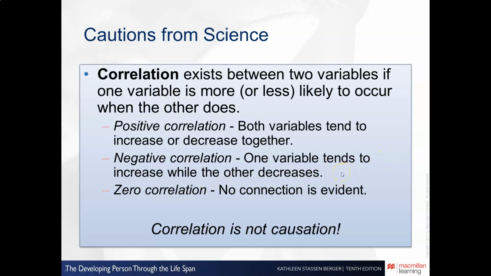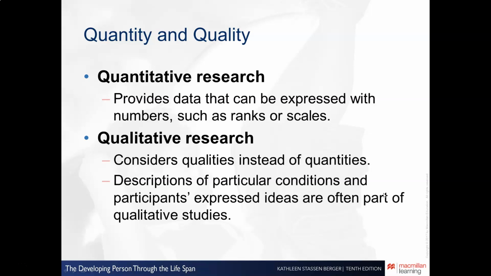Remember I mentioned caffeine and sleep. As caffeine increases, sleep decreases. Remember, we're talking about correlations, not causation. And then obviously zero correlation means no connection is evident at all.